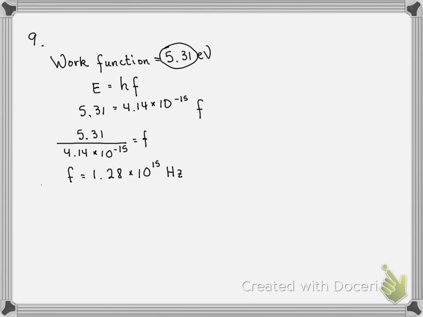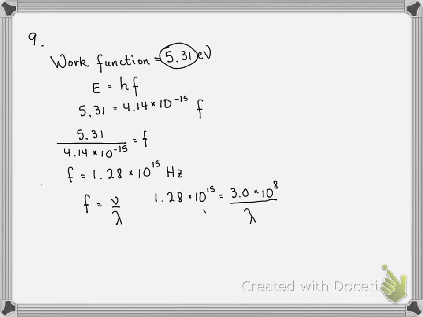Then it says, what is the wavelength of the light? Well, now that we know the frequency, we're going to use our frequency equation along with the velocity of light and solve for the wavelength in meters. So the frequency we just solved for equals the velocity of light over the wavelength.